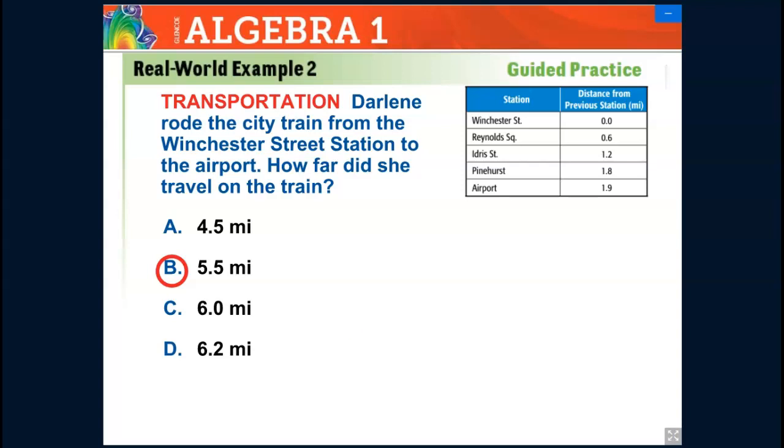So you get 0.6 plus, well, 1 and 2 is 1.2 and 1.8 gets you 3 because 0.2 and 0.8 is a whole. So you get 1 plus 1 plus 1. So once again, I'd group, which is the associative.